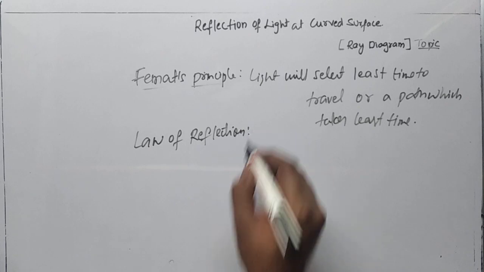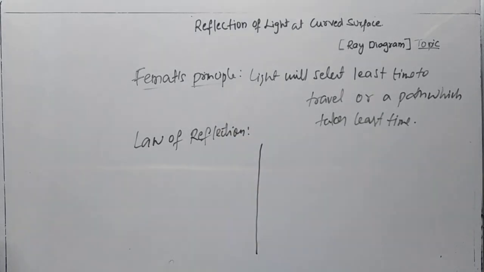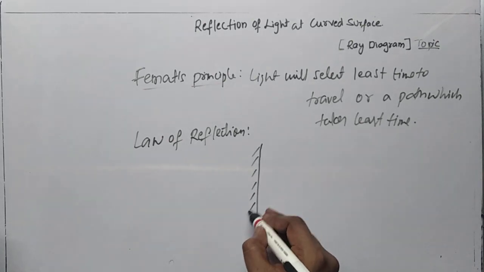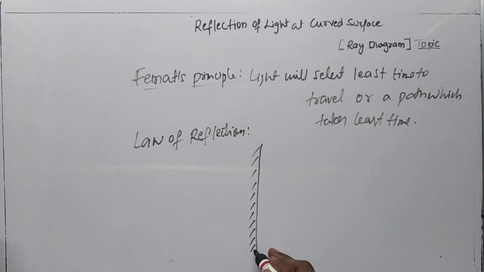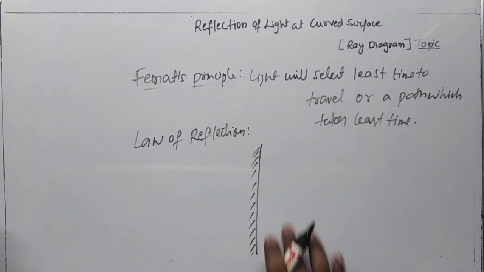So you may know about the plane mirror. A plane mirror can be represented with the help of a straight line, and this side is covered with paint, so we only have one side of reflection.